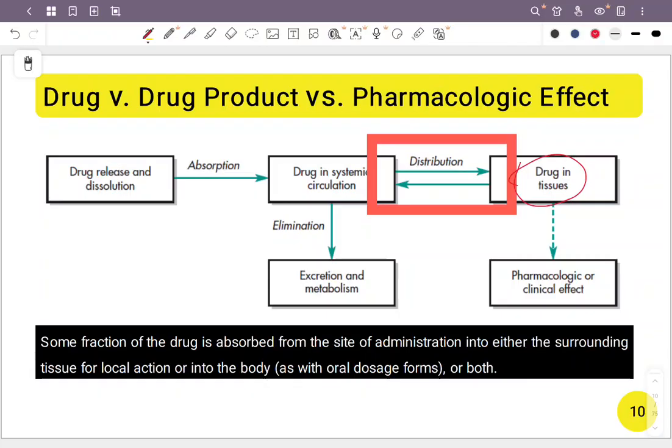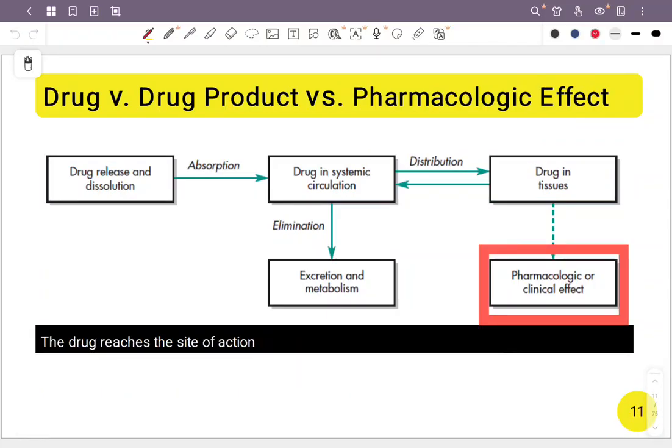Then, once ma-reach na ni drug ang iyahang target na site, mag-elicit na siya og pharmacologic or clinical effect. Then, in this point, guys, ayun na pharmacologic effect. Or at this point, mag-take effect lang atong drug, basta ma-reach na to ang atong minimum effective concentration sa atoang site of action.